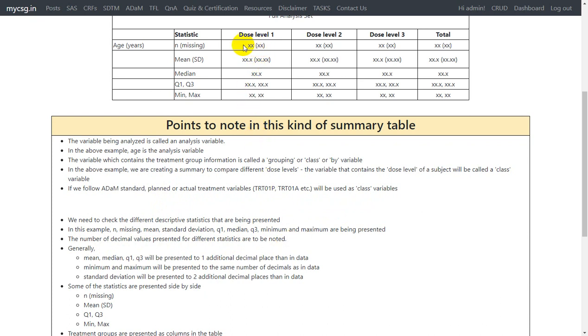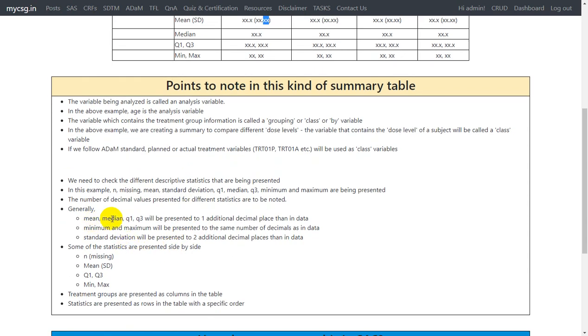Here, the number of decimals for mean is to be displayed as 1 decimal, whereas for standard deviation it is represented with 2 decimals, which means that we need to present SD up to 2 decimals. Similarly, for median we have 1 decimal. For min and max we have only integers, XX, without any decimal places, which means we need to present the min and max values as integers.